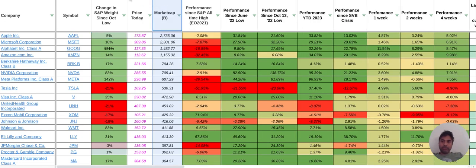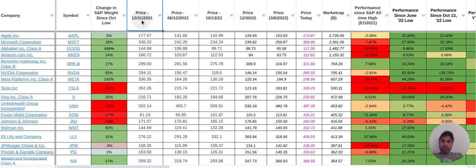If I expand this, you can see the price breakdowns on 12/31, which was the end of 2021, when the S&P was really high at 4,800, and since then we had this downfall. Then June 12 was the low made for many of the stocks. Then we have 10/13, when the CPI data came in October, which caused all the stocks to go down, because the bond price went down and the bond yield went up for the 10-year and 2-year.